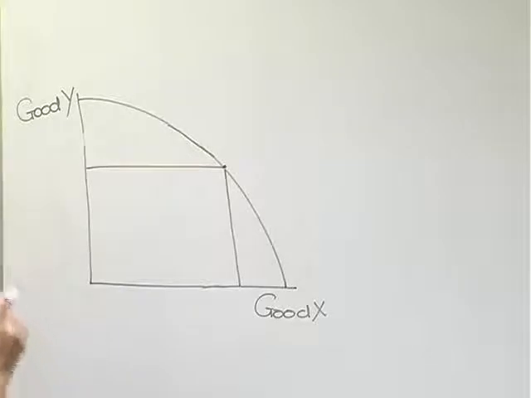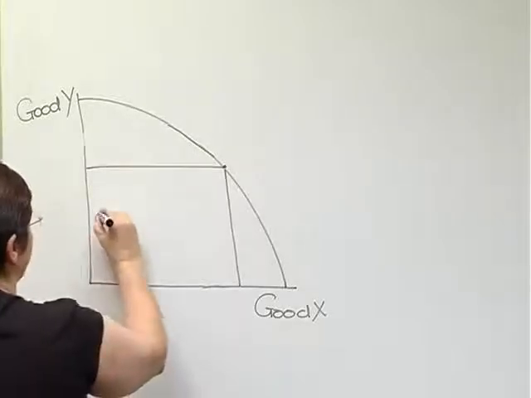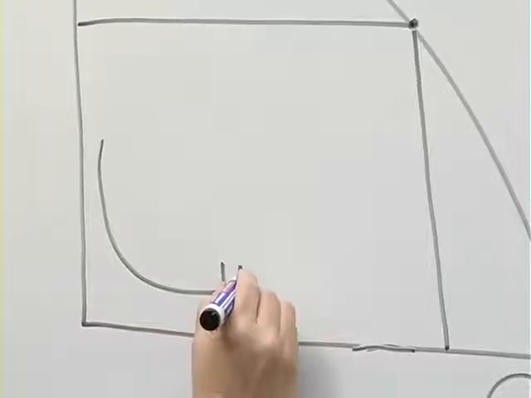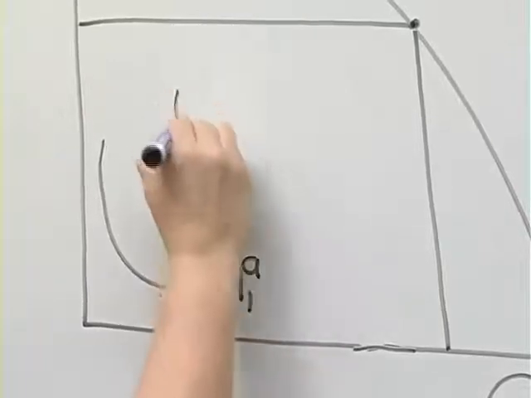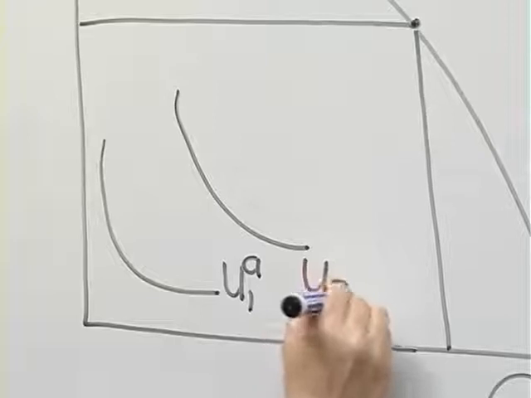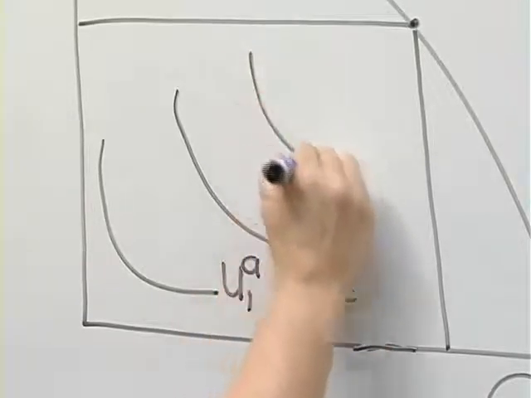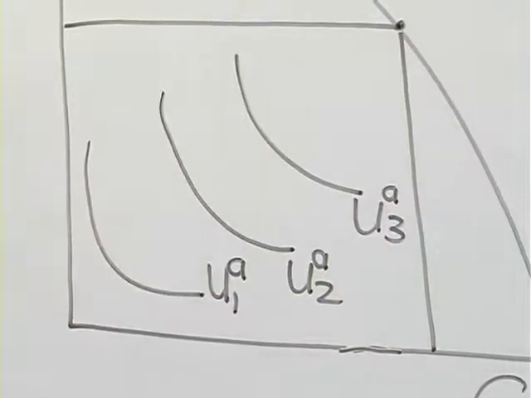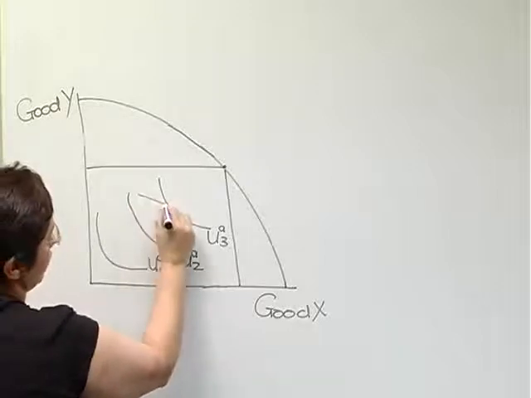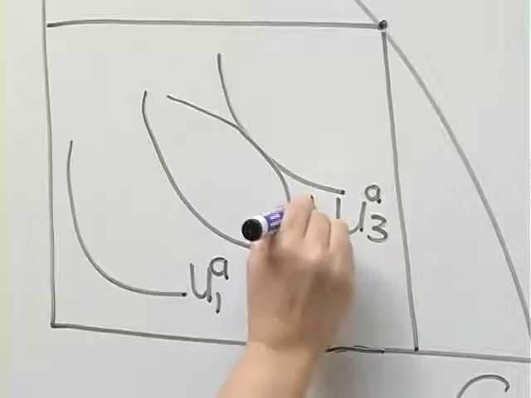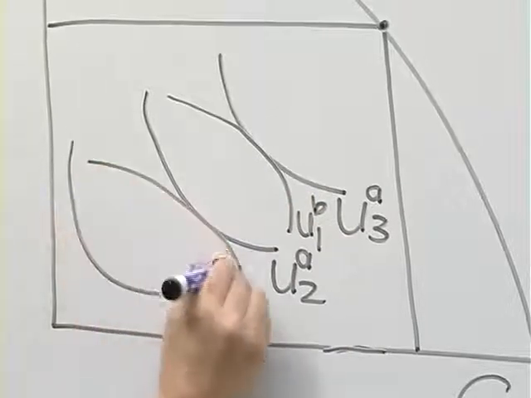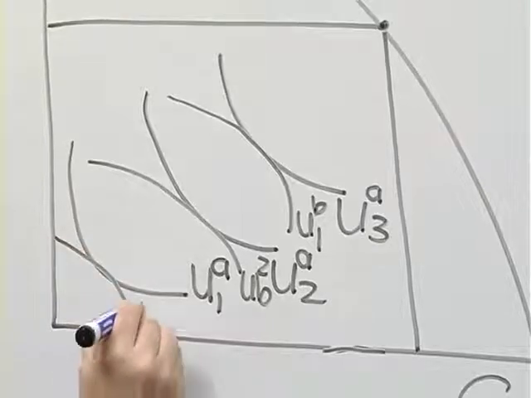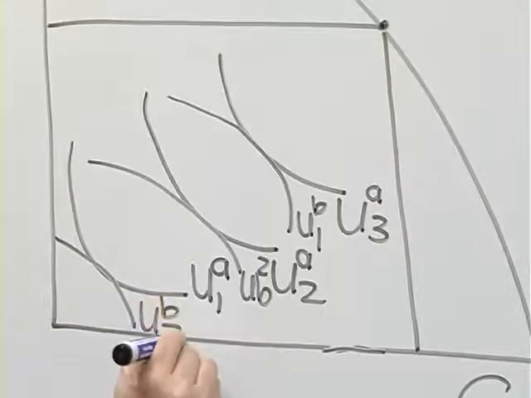Remember, it's indifference curves, so it's indifference curve 1 of A, indifference curve 2 of A, indifference curve 3 of A, and from that side it will be person B: UB1, UB2, and UB3.